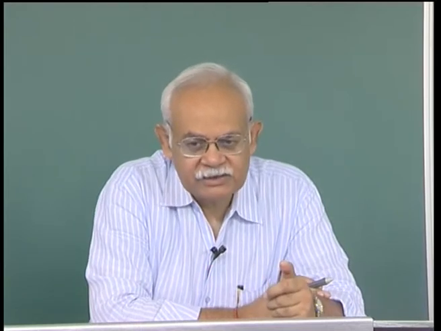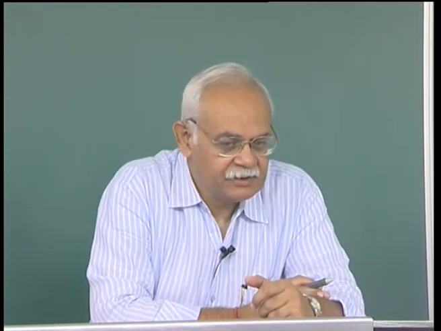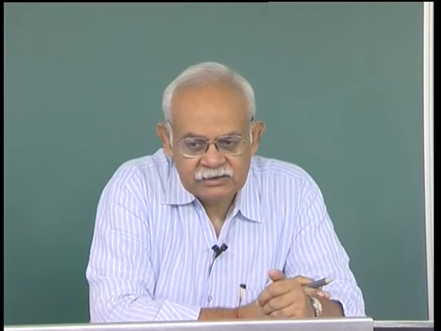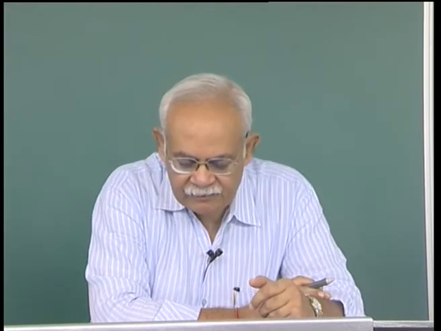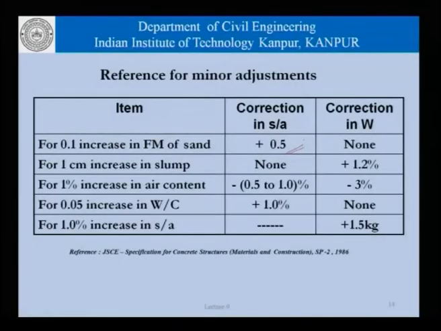In order to compensate, the option that we have is to increase the sand in the system, and that is what is given here: if we increase the water cement ratio by 0.05, we should increase the S by A by about 1%, and so on.